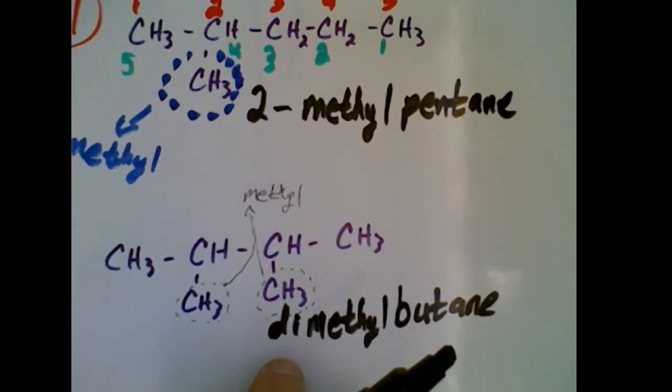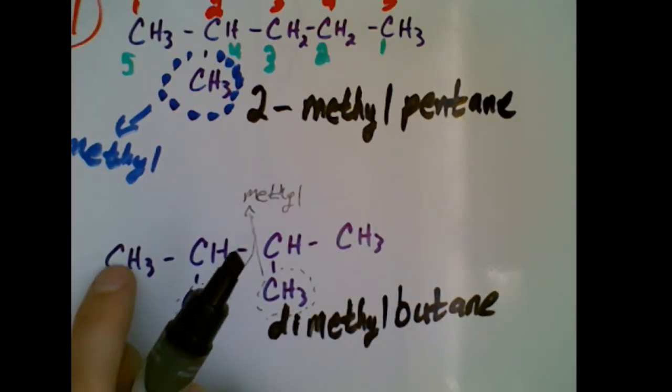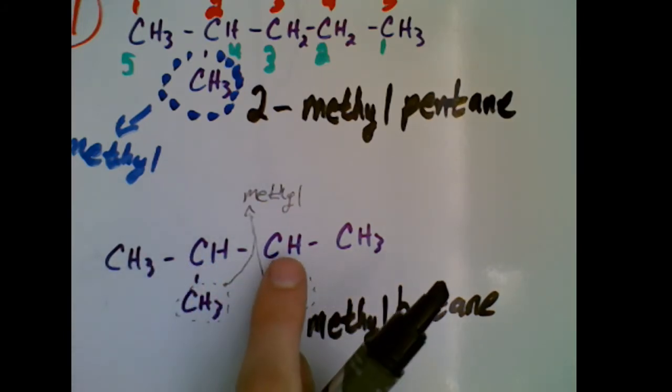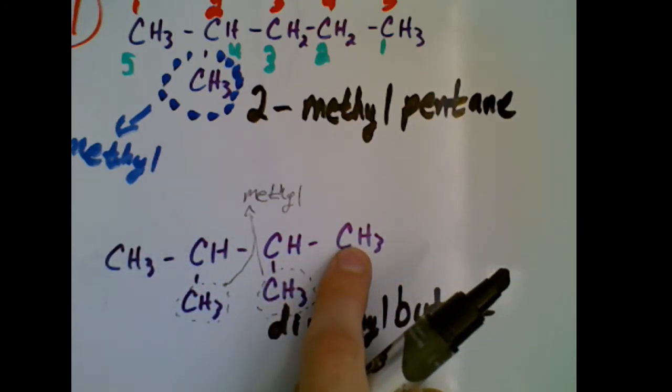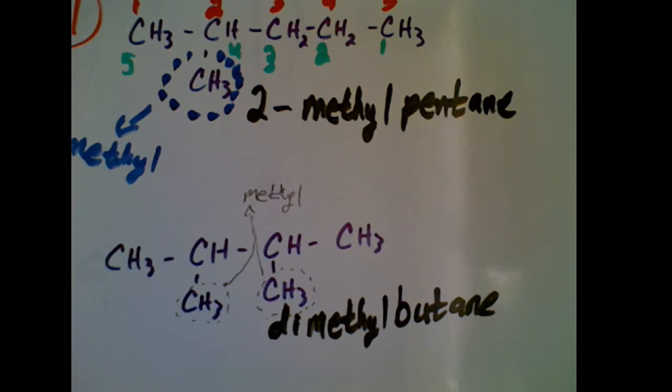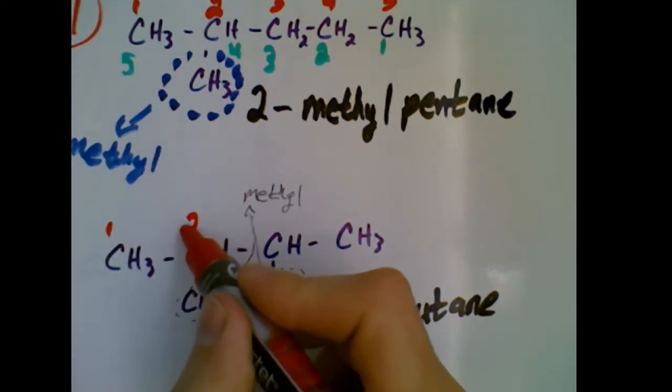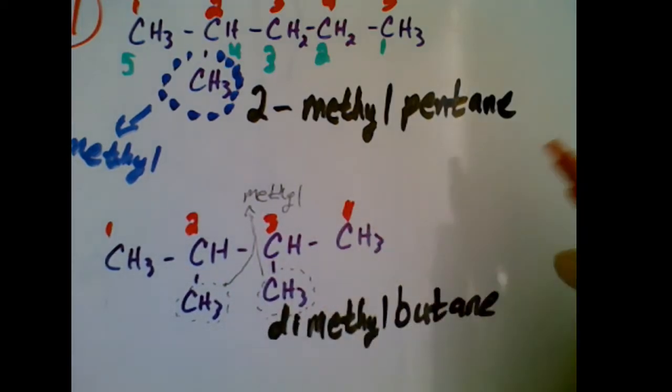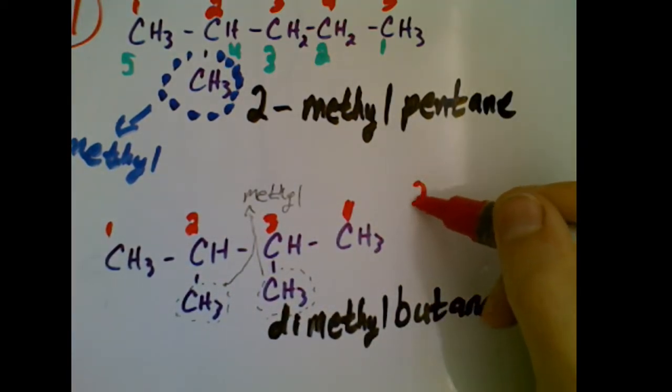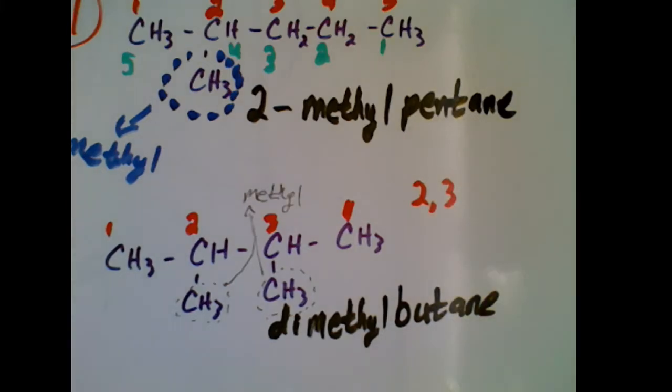But where are they? So you could go carbon 1, carbon 2, carbon 3, carbon 4, and actually let's just do that. Let's number it. So let's say we did carbon 1, 2, 3, and 4. It means that I get a carbon on the 2 and a carbon on the 3.